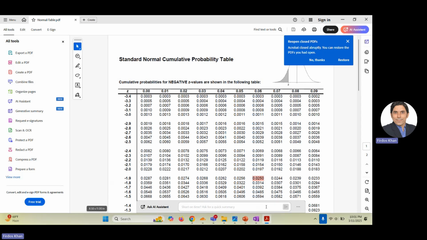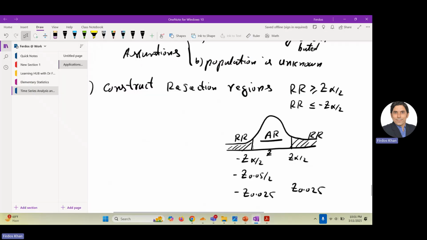This is minus 1.96. Remember that this probability is similar to this probability because this distribution is symmetric. So the probability less than this point is equal to the probability greater than this point. You can calculate this probability, by the way. The total probability is equal to 1, so you can subtract the probability until this point from 1.